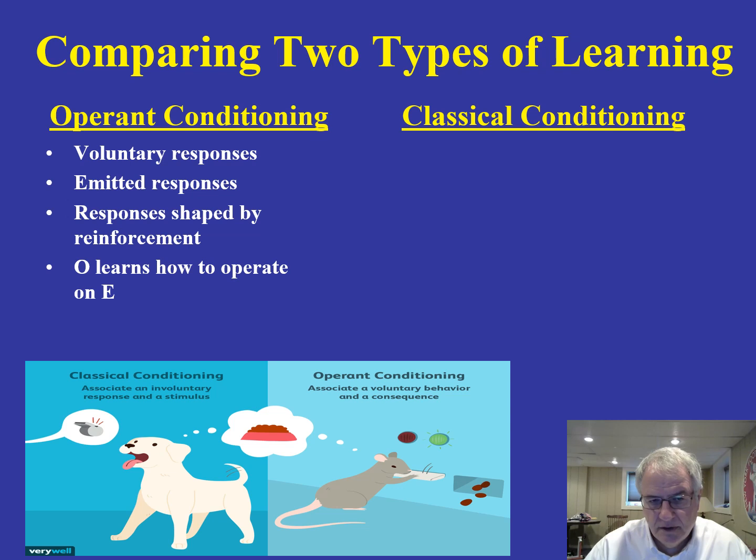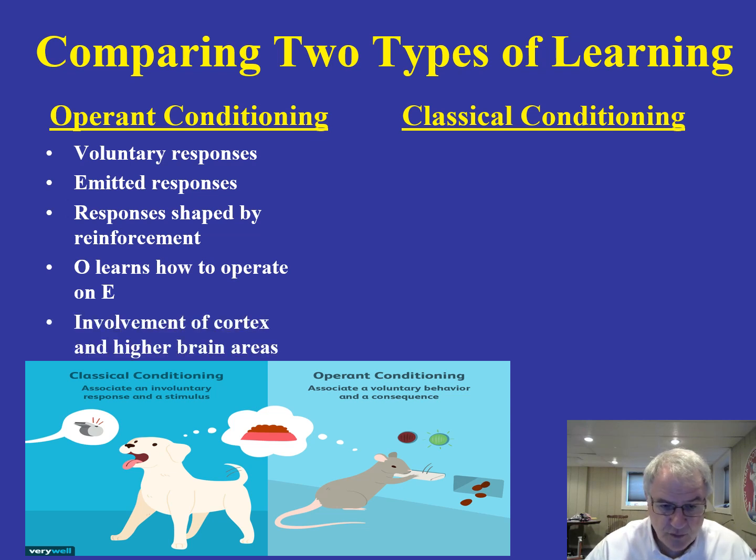One important aspect of operant learning is that this type of learning really requires the utilization of higher brain areas. The cortex of the brain, the smart part of the brain, is very much involved in this kind of behavior.